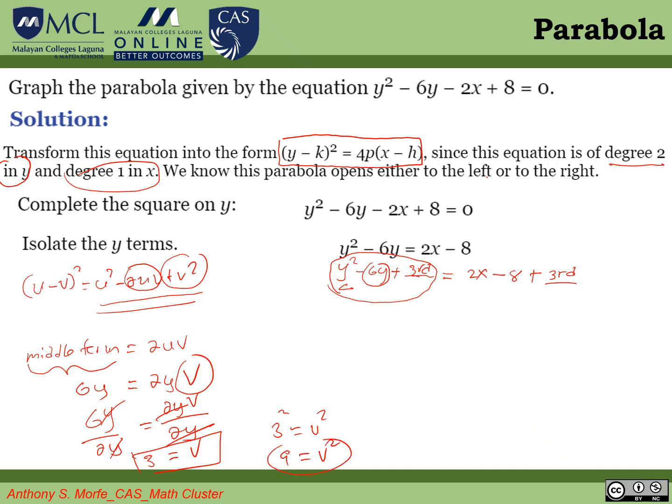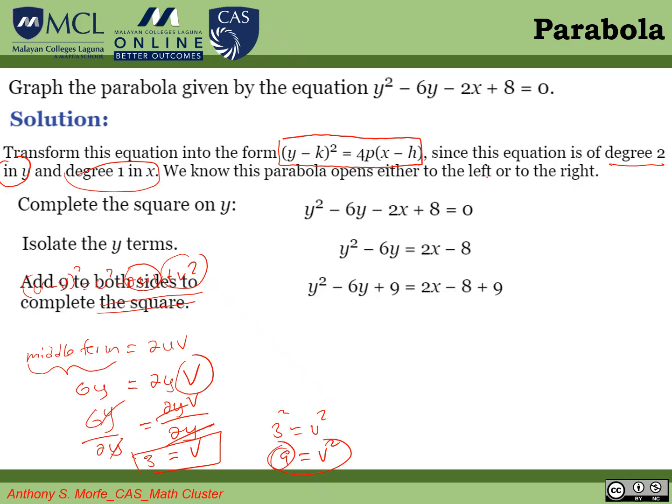So adding the third term here. Okay, so the third term, we found out, is equal to 9. So you add the third term here and also on the right side. So this is the resulting expression. Okay, so this is the third term. So we add it on the left side, do the same on the right side.